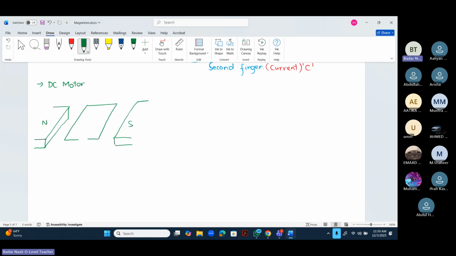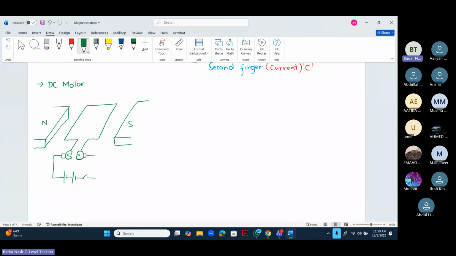Acha. And we have these are called as split ring commutators. ये जो half rings है, they are basically the split ring commutators. We have a battery or a DC source.